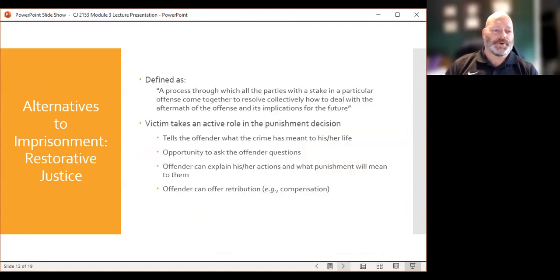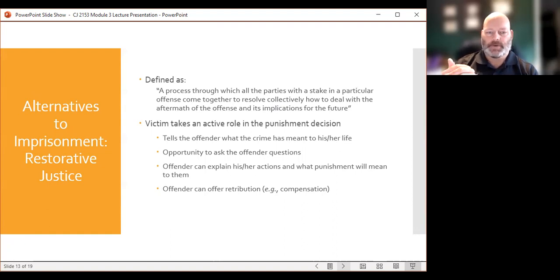Another alternative to imprisonment is what's known as restorative justice. This is a process through which all parties with a stake in a particular offense come together to resolve the issues collectively on how to proceed after the offense has occurred and what implications will occur in the future. In restorative justice, the victim takes a very active role in the punishment decision.